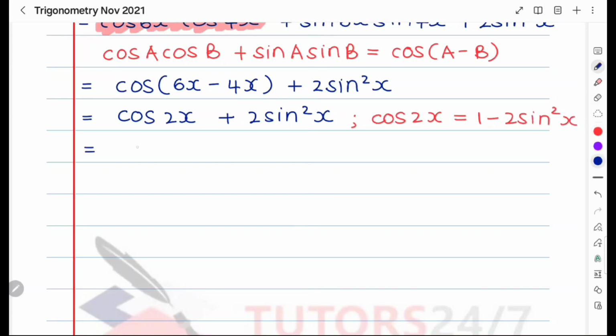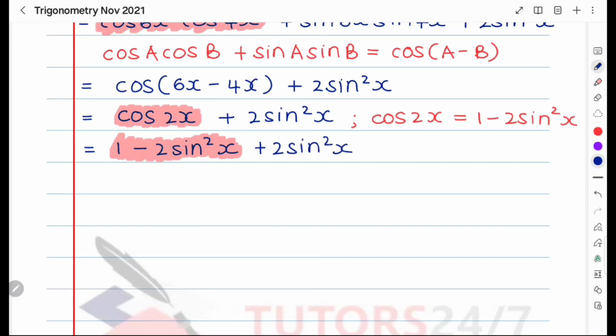So in place of cos 2x, we're going to replace it with 1 minus 2 sine squared x. And then bring down positive 2 sine squared x.